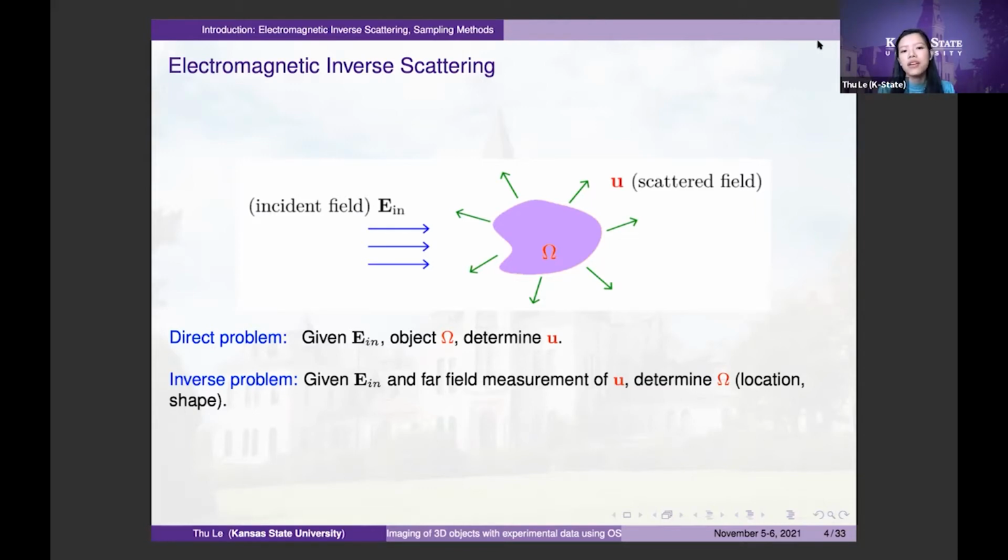In the inverse problem, on the other hand, we know the incident field, we can measure the scattered field, and we will try to determine omega. Here, we try to reconstruct the location and shape of omega. So that is the electromagnetic inverse scattering problem that we are working on.